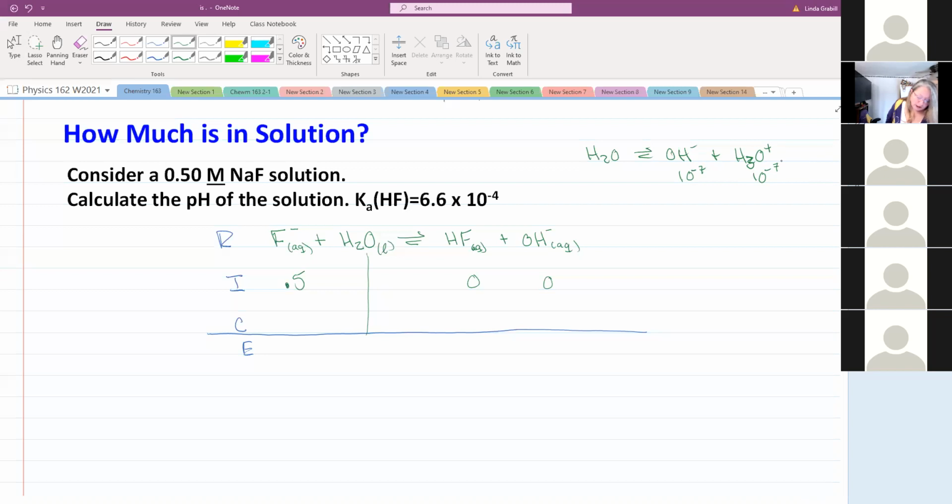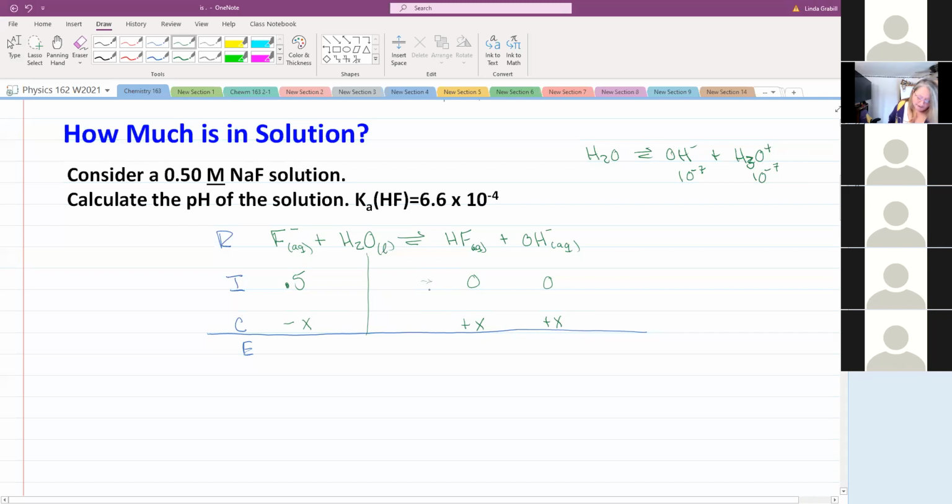So what about my change? What's my change in fluorine? Is it plus or minus? Minus X. Good. HF plus or minus X? Plus. Good. And it has to be, because if I'm saying my starting point is 0, it can't go down.